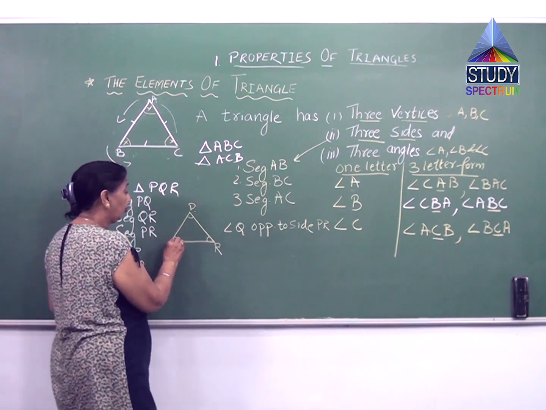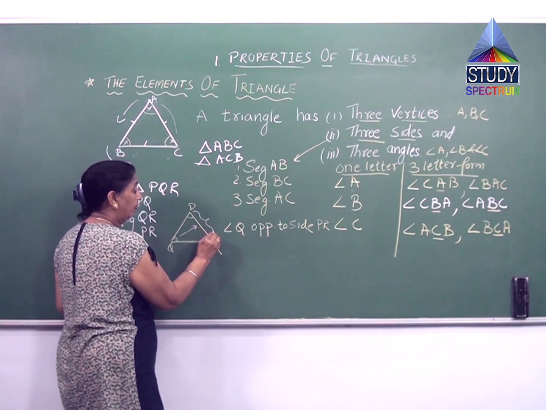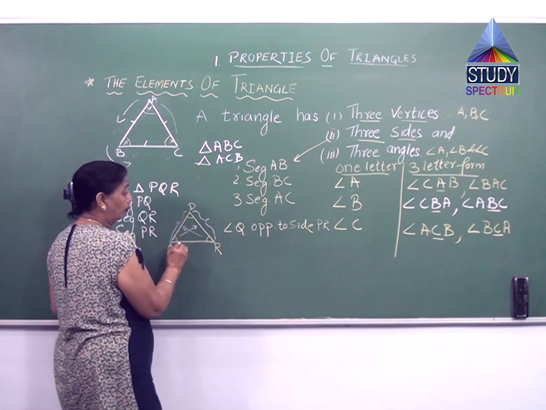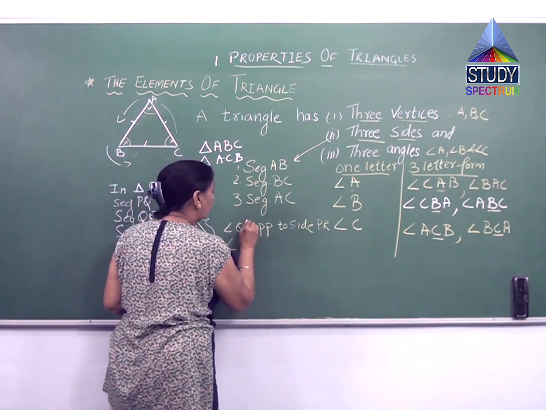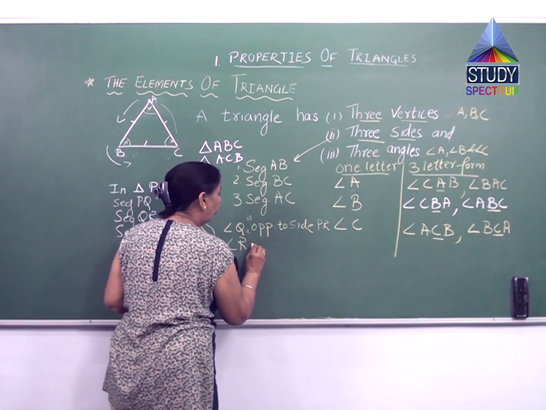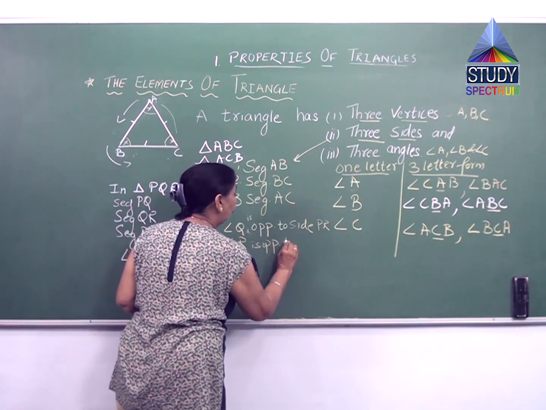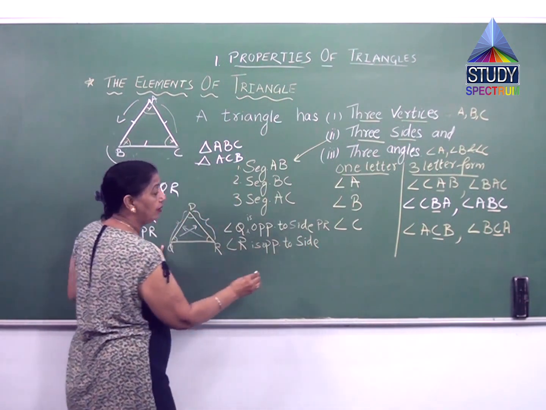So here angle Q, the opposite side is PR. Same way angle R, its opposite side is PQ.